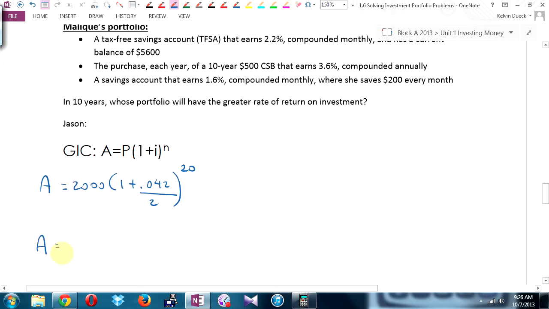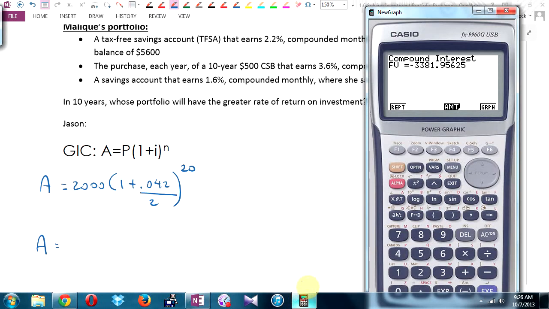How much will we get from the GIC? 2,000 bracket 1 plus 0.042 divided by 2 close bracket to the power of 20. 3,030.71?